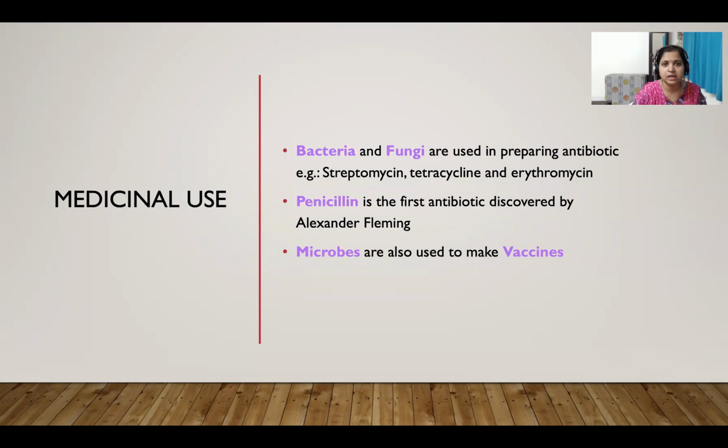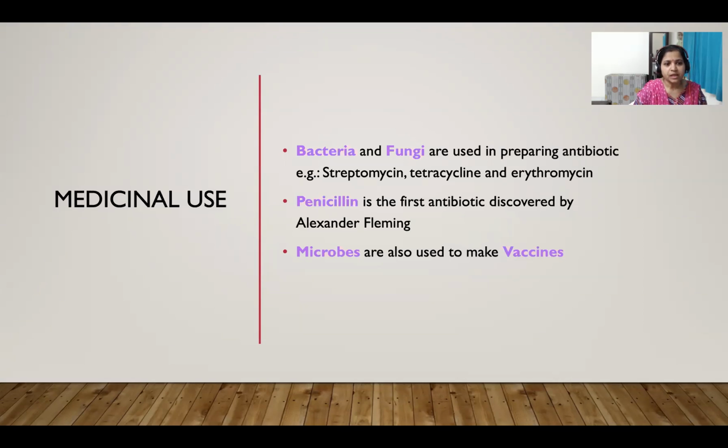When we fall sick and we go to a doctor, the doctor sometimes gives us antibiotics so that we can get control over that disease. But make sure without doctor's consultation you should not take any antibiotics because they may kill the good microbes inside your body. And nowadays antibiotics are also used for animals and plants. They are also mixed in animal feed or poultry to check the microbial infection in them.